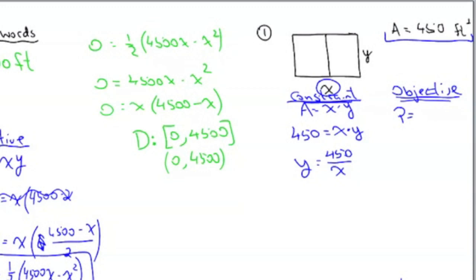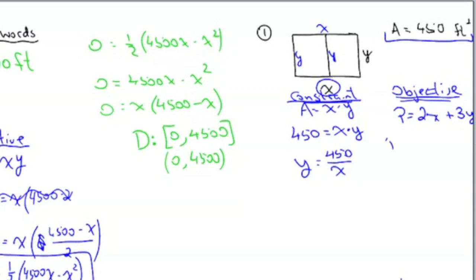X. How long across the top? 2x. How far is it from here to here? Y. Here to here? Y. Here to here? Y. So it's 3y's. So it's 2x plus 3y. If you have to, sit there and go y, x, and then see how many there are.